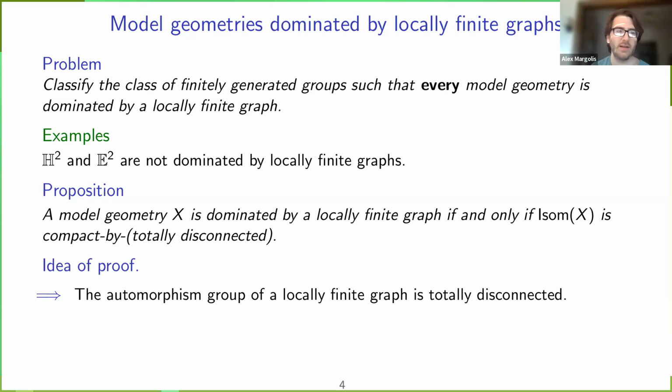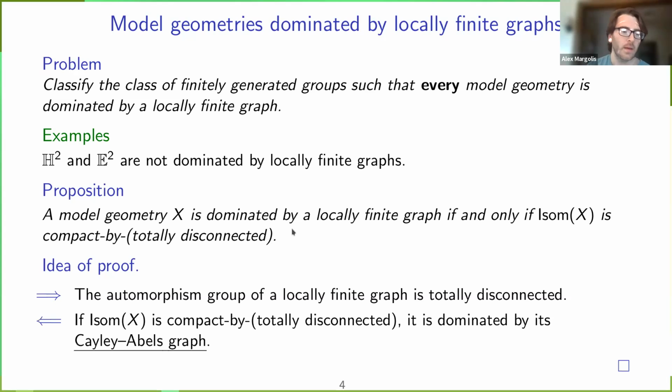Both directions are fairly straightforward, but the easier direction is the observation that if we have a locally finite graph that dominates the space X, then because the automorphism group of a locally finite graph is totally disconnected, we have a homomorphism to a totally disconnected group, and that gives you one direction of the proposition.